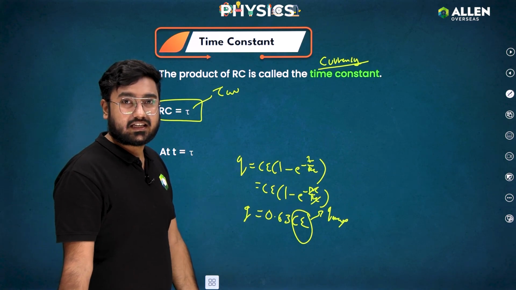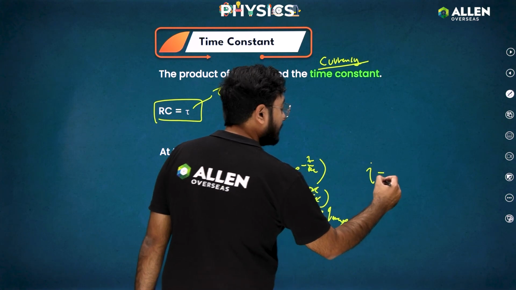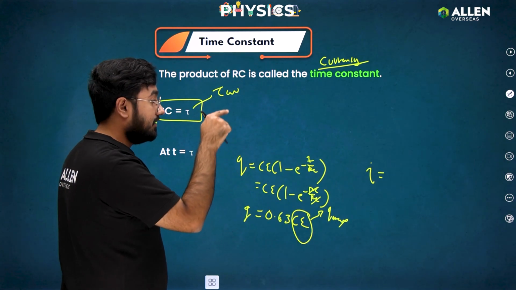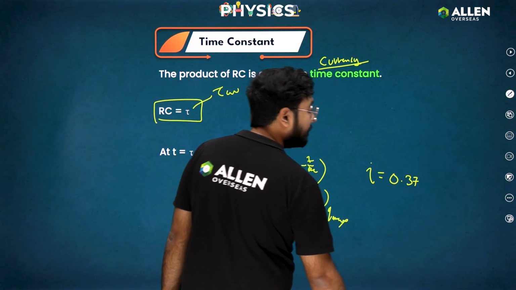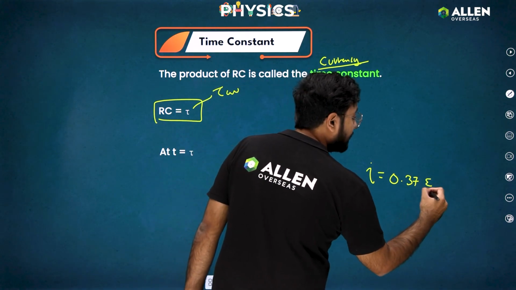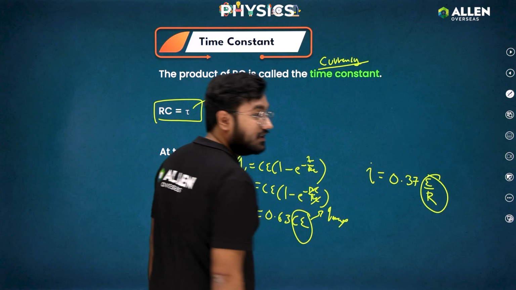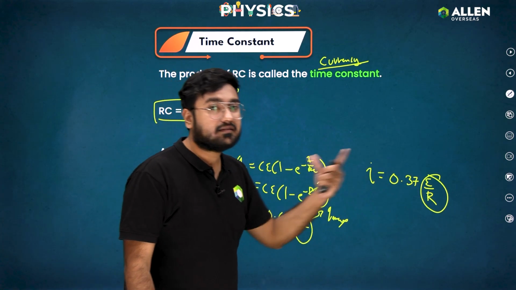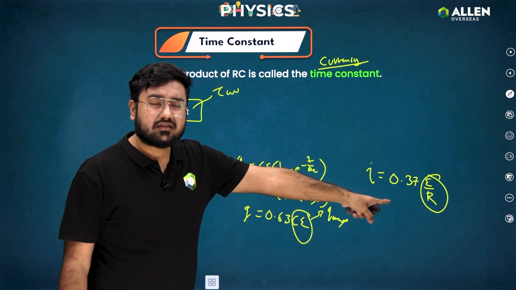You can define time constant using this as well. What about current? When you substitute the value of t as tau, t as RC, in the current equation you will get 0.37 into E by R. So this is the maximum current. So the current in the circuit in one time constant is 0.37 of the maximum. So does that mean 37% job is done?